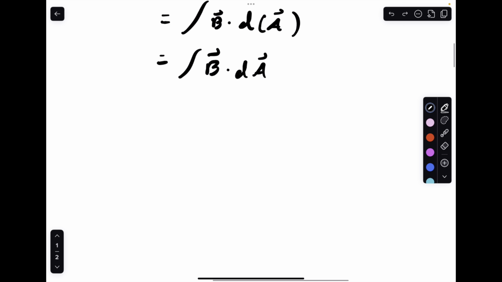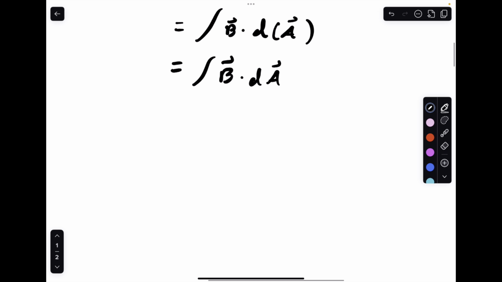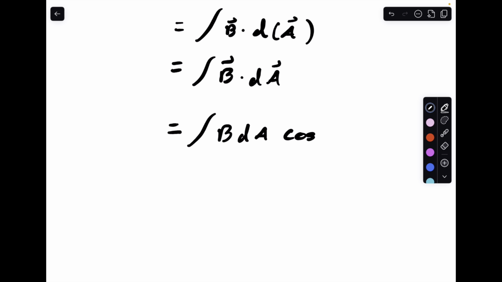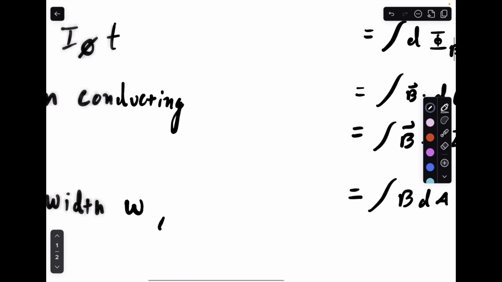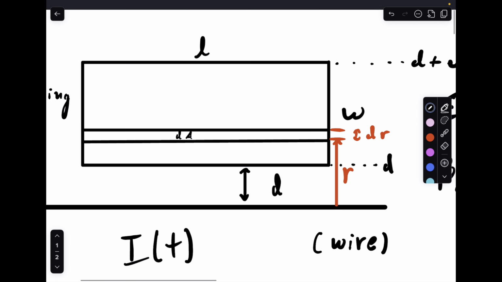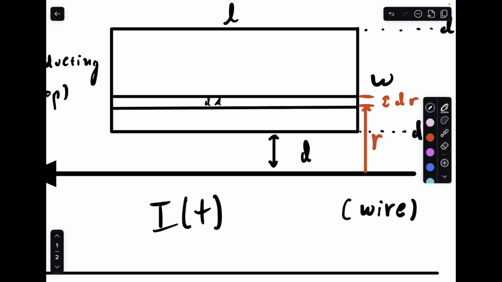So now we're going to use this definition in order to find the flux as a function of time. So we're just going to start by evaluating that dot product. We're going to do B dA cos 180, right? Because it's the magnitude of the two vectors times the cosine of the angle between. And the reason why it's 180 is because the magnetic field points into the page, but the area vector points out.